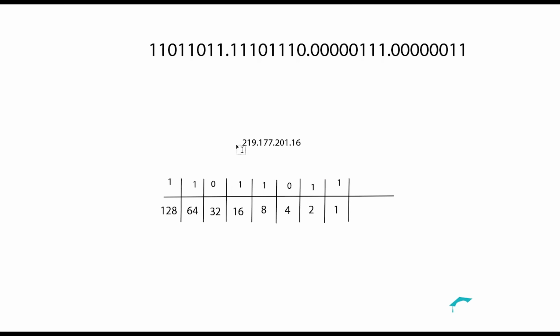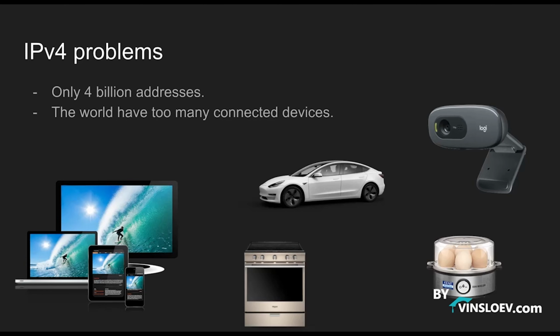So now it's time to look into what the problem is with the current IP version 4. Now that we have seen what IP version 4 looks like, it's time to talk about the problems with it. The problem is that as it is a 32-bit address, it is only possible to have 4 billion different addresses.